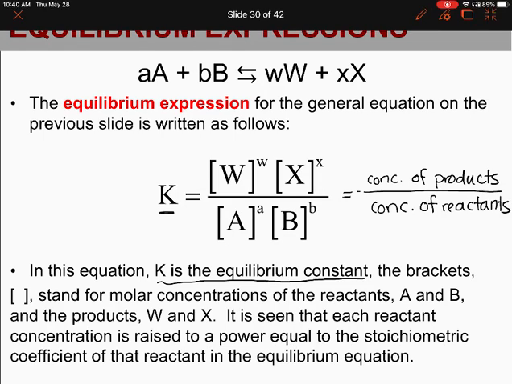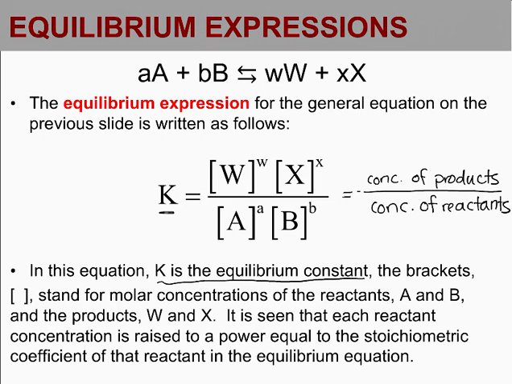So again, we're looking at a ratio of products to reactants in order to figure out: do we have more products or more reactants? And where does the position of equilibrium lie? Is it to the left, towards reactants, or to the right, towards products?